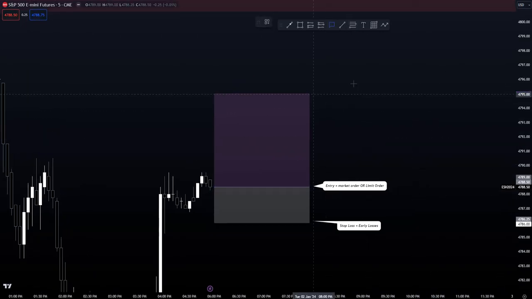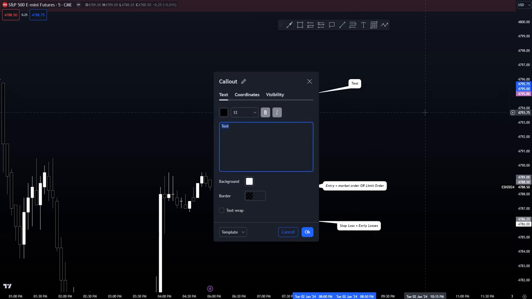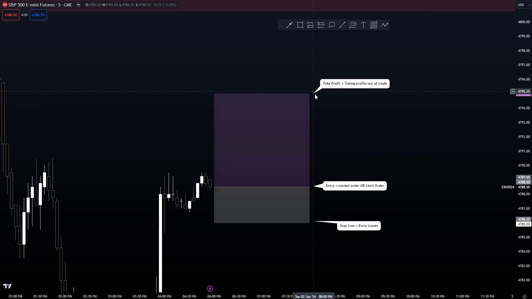The final part of a trade entry is going to be your take profit, which is taking profits out of the trade. This is basically taking your profits out of the trade already.